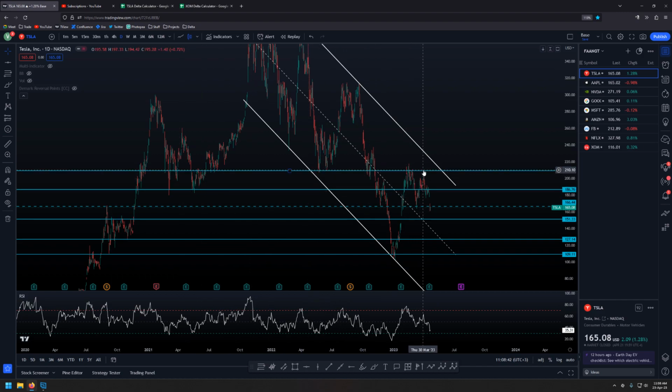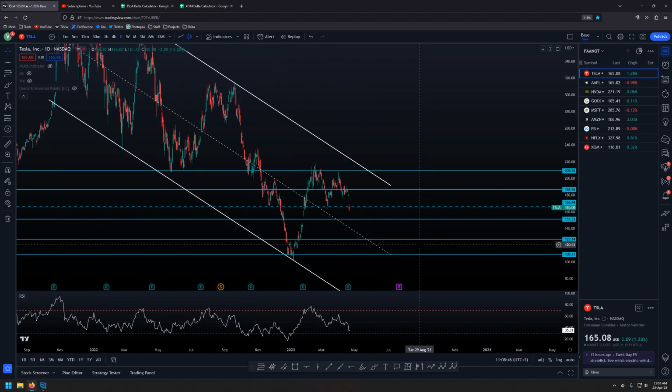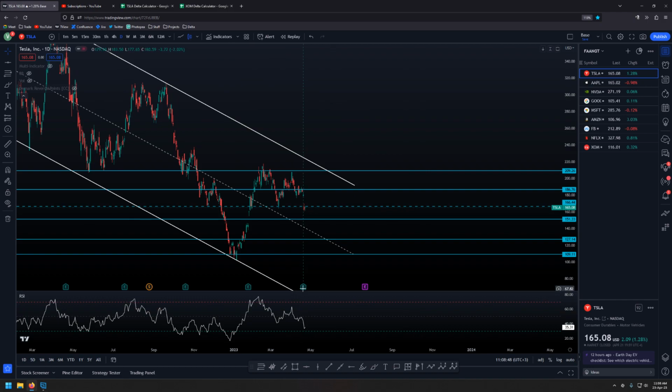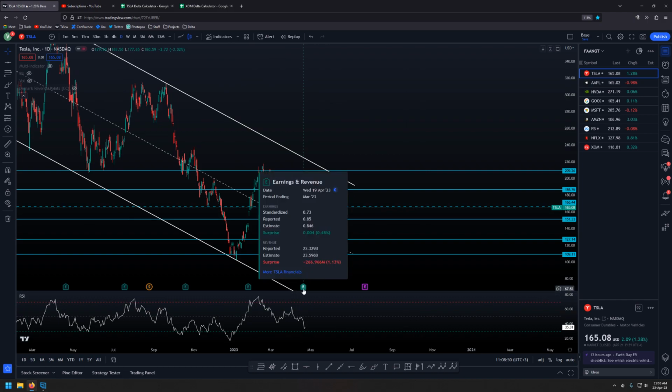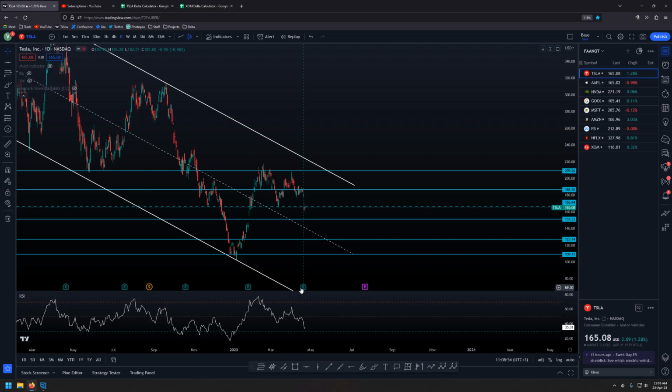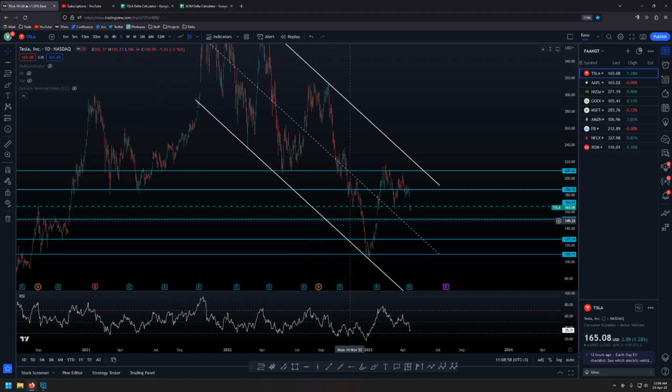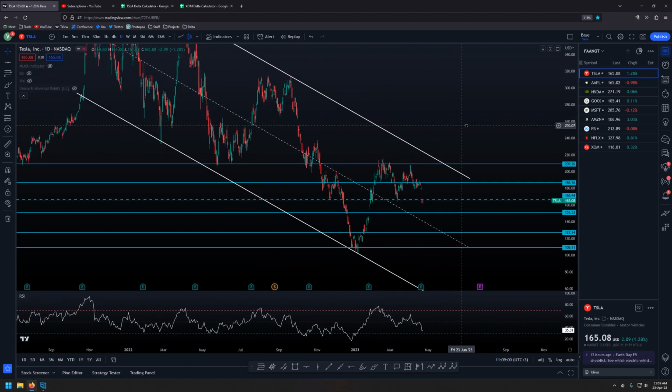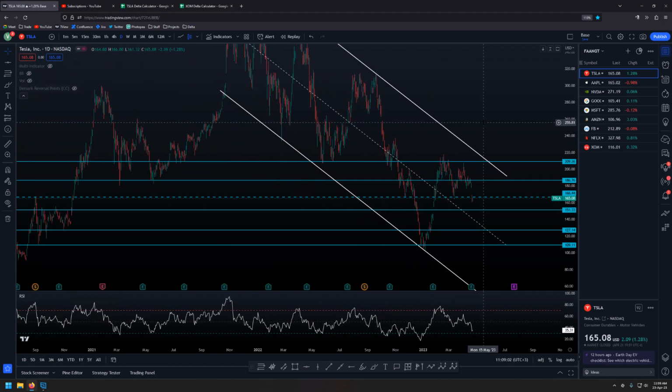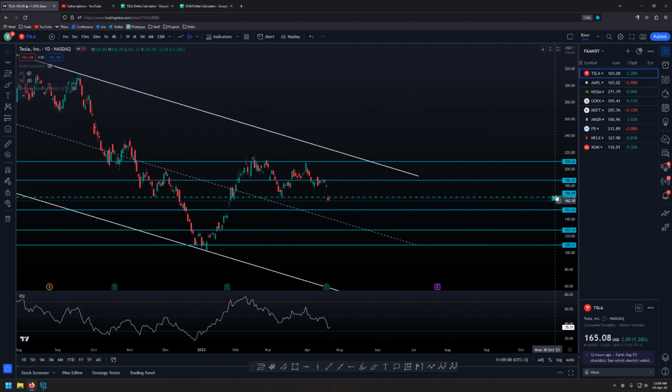We tried to go above it again, got rejected and made the lower high. And now it's getting kind of broken down because of earnings. For Tesla earnings, I think the biggest issue was margins going down, and we may not be seeing a recession anytime soon, but we are seeing margins come down, and that's what will bring mega cap techs down, not anything else.